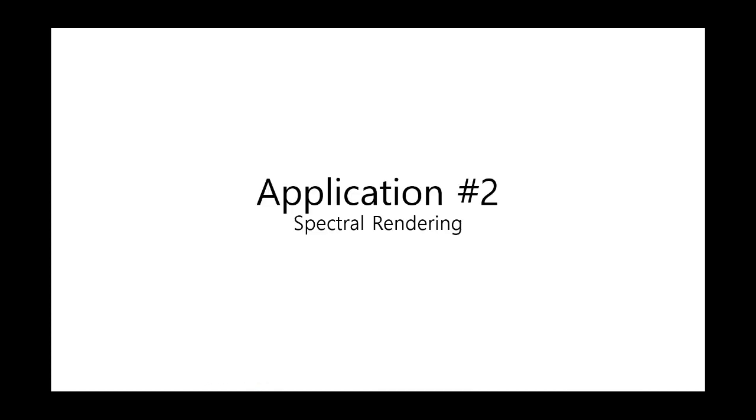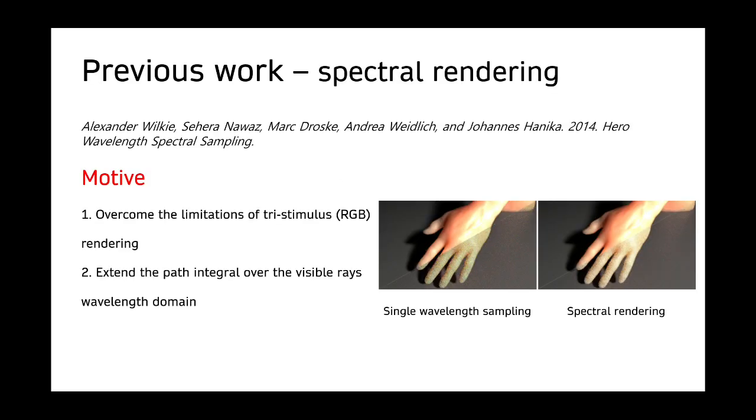The second application is in spectral rendering. In spectral rendering, we additionally consider how much light is transported for each wavelength. Spectral rendering overcomes the limitation of tri-stimulus RGB rendering by extending the path integral over the visible wavelength domain.